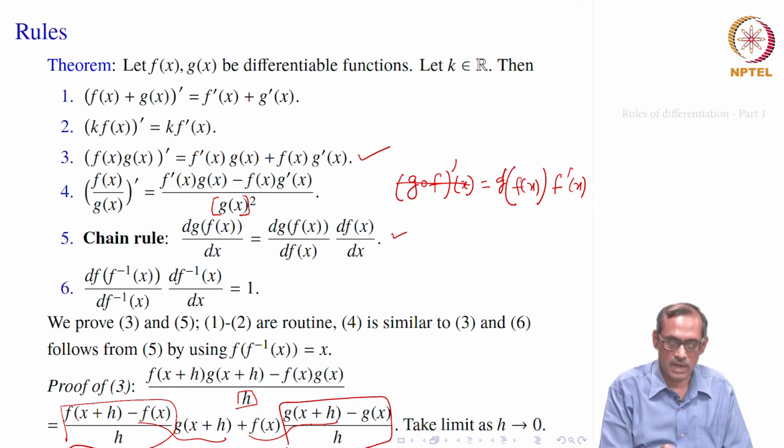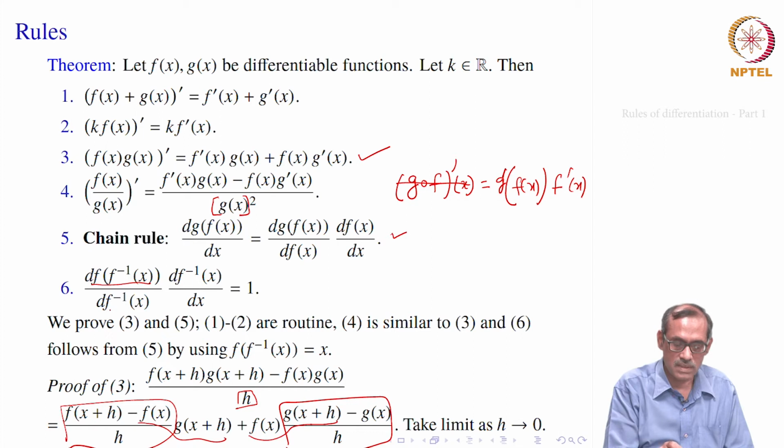Now, in particular, if you say that f is invertible, it is a bijection, then f inverse exists, and you may think of f inverse x. So, f of f inverse x is equal to x. Now, the left side, the function f of f inverse x is x, the identity function.